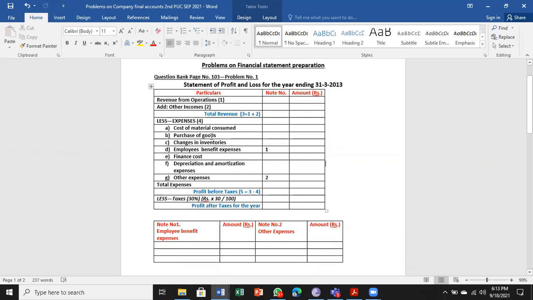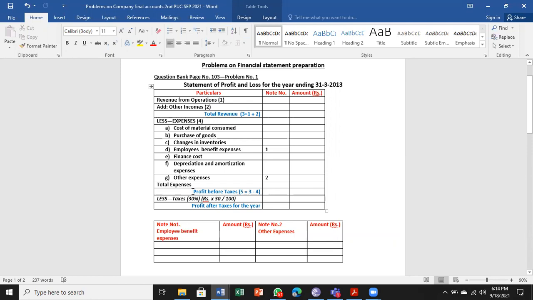If any of the expenses given is not connected to any of these 6 headings: cost of material consumed, A; purchase of goods, B; changes in inventory, C; employee benefit expense, D; finance cost, that is the interest paid, E; depreciation and amortization, F. If any expense is not falling under these 6, the 7th one will be other expenses. So all the 7 will be total expenses.